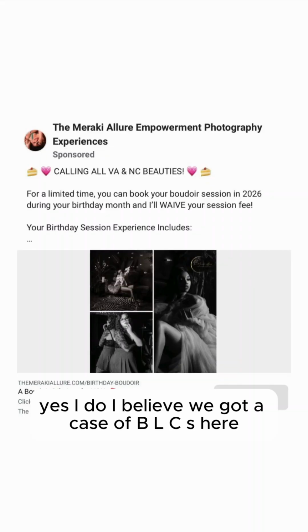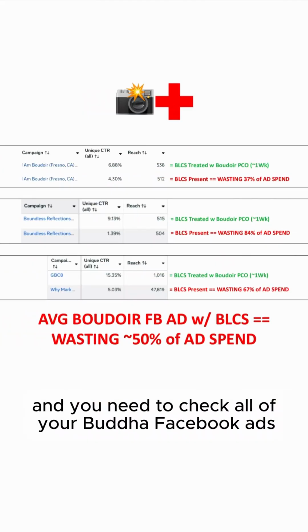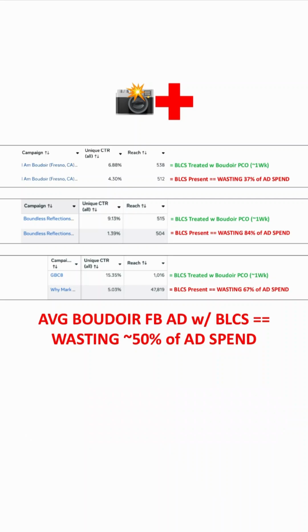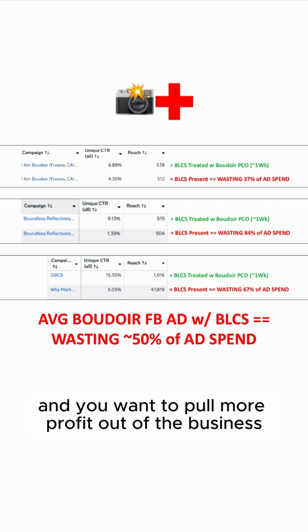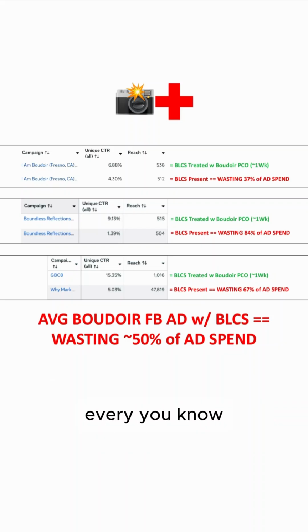I believe we got a case of BLCS here. So if you're a boudoir advertiser and you check the unique CTR of all your Boudoir Facebook ads and it's under 6%, you've got BLCS, and you want to pull more profit out of the business because more boudoir photographers are entering the market every day.